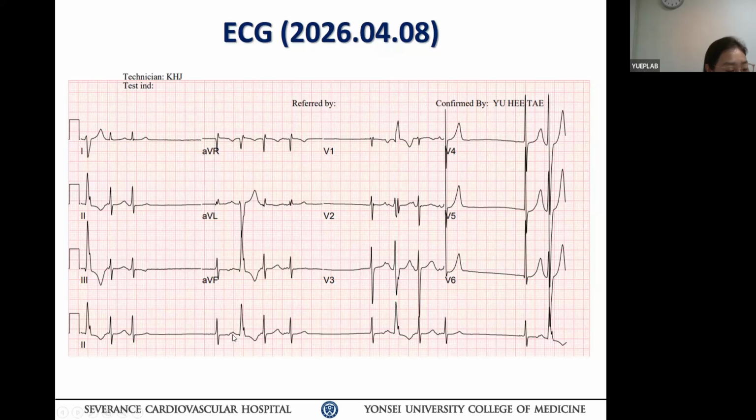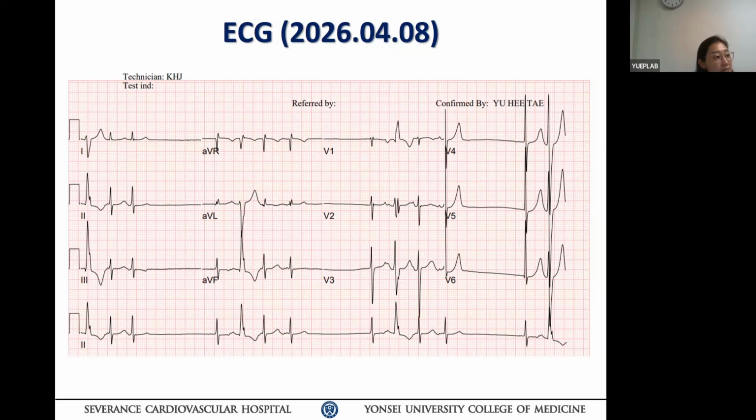I think it could be the PAC, but the P wave is quite large, so I suspected that it could be a patient with long-standing AFib with sinus node dysfunction, and maybe related to atrial enlargement. So I imagine this patient may have long-standing AFib. So the sinus node has a dysfunction.